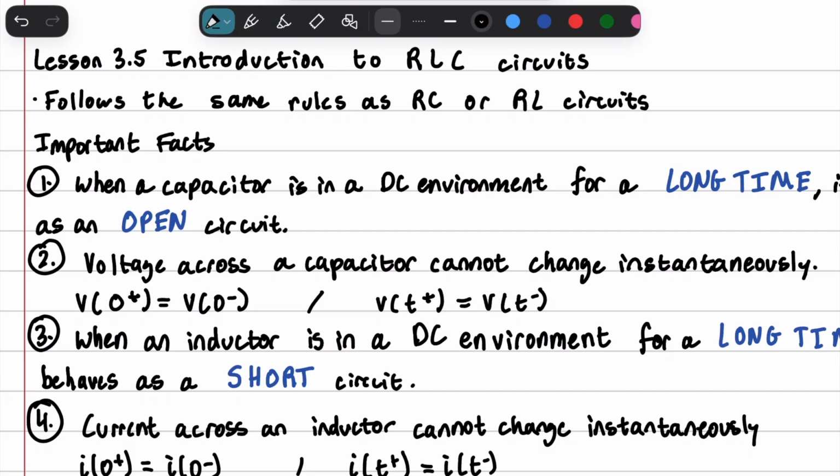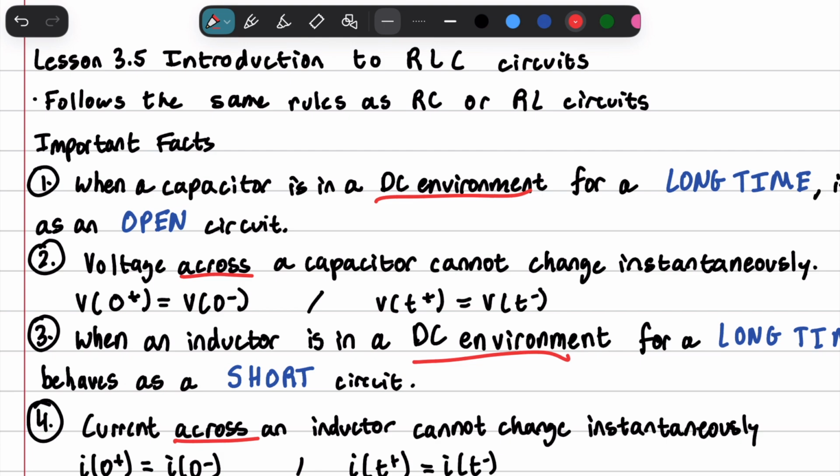So, of course, we have our regular facts. We've got our DC environment facts right here. And we've got our continuity facts right here. And so, just to recap, when a capacitor is in a DC environment for a long time, it behaves as an open circuit because it can no longer be charged up anymore.